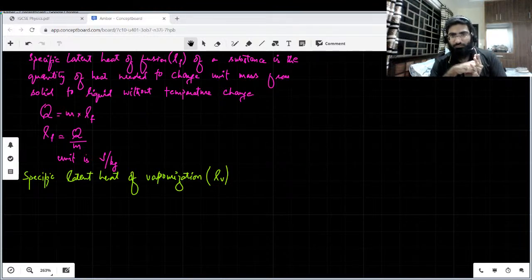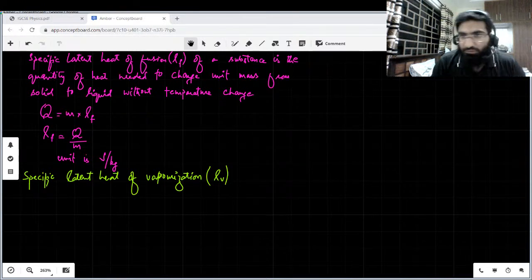So the energy needed to change 1 kg of the substance without changing the temperature? 1 kg of substance from what to what? From liquid to vapor, because vaporizing. Okay, for fusion it was for solid to liquid. Now for vaporization it would be from liquid to vapor.